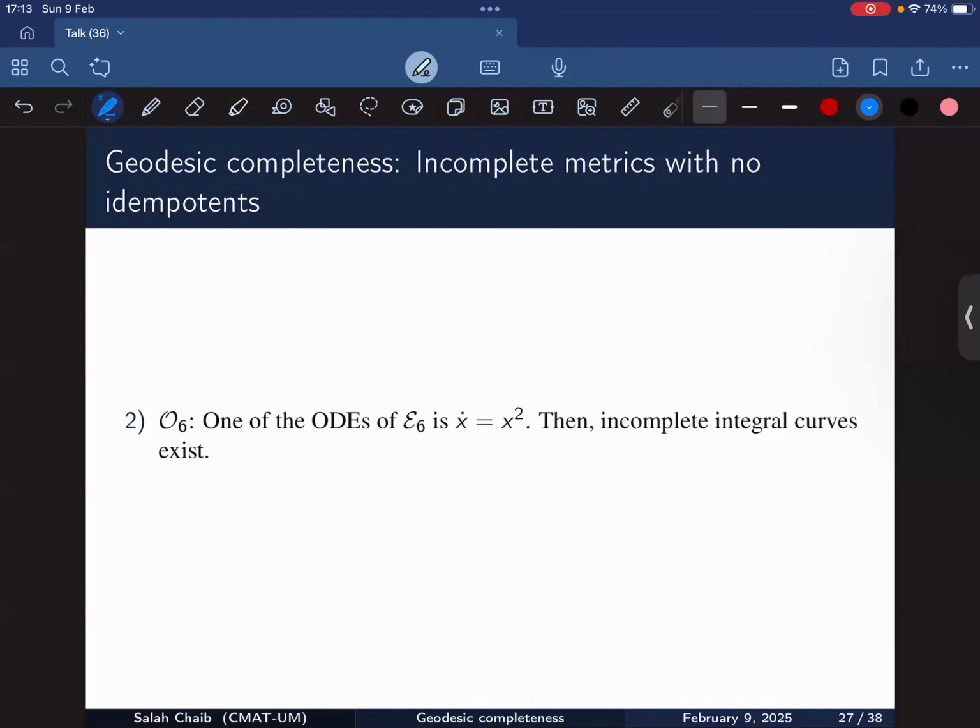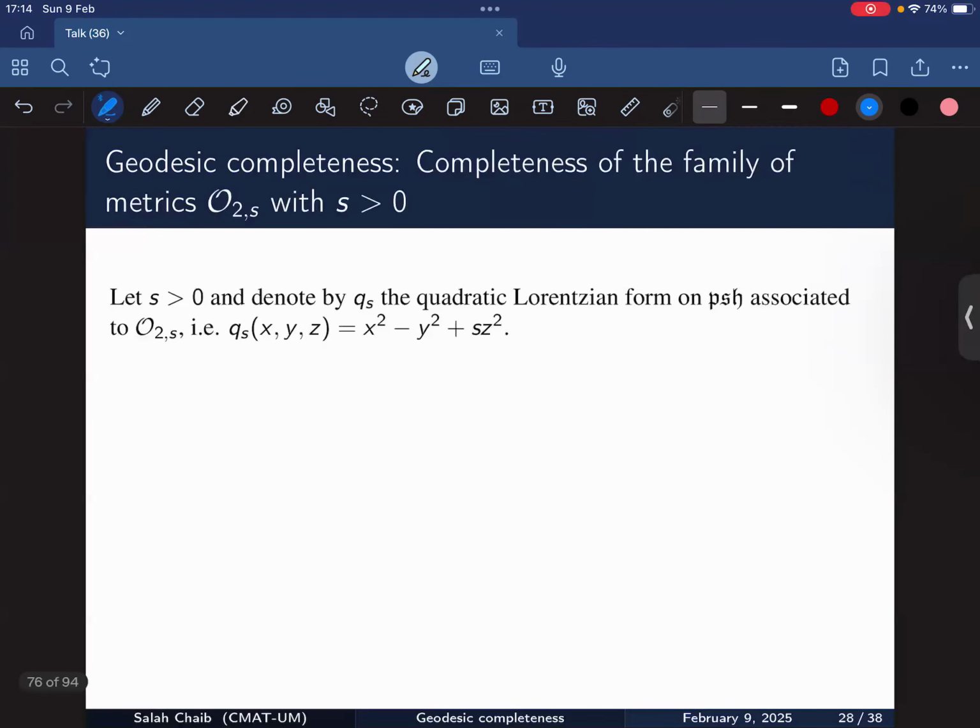For O6, it has an equation of this form, so it's directly incomplete. And now what's remaining is two cases. So we have O2S with S negative, which is this class of metrics, with S positive, and we have the metric O3, which is this one. O2S and O3.